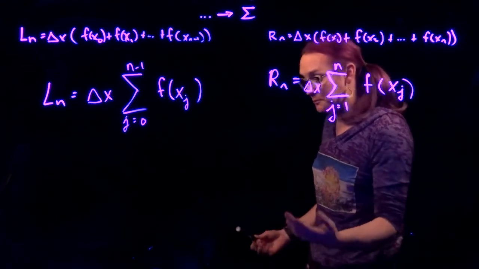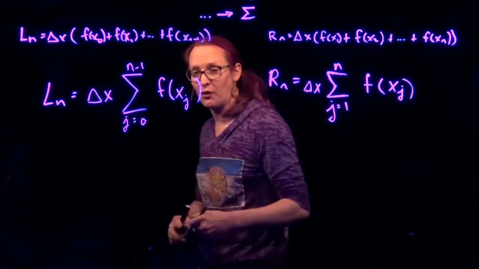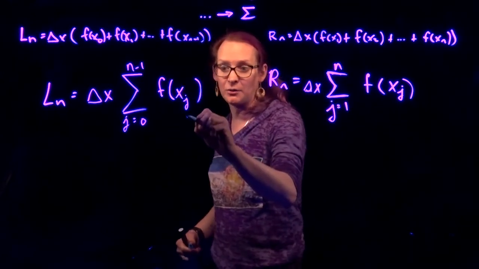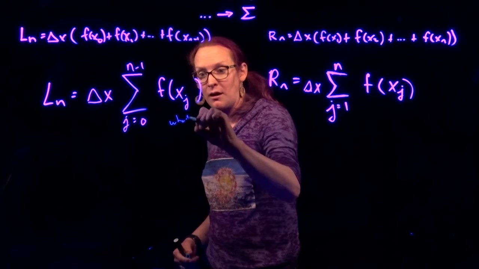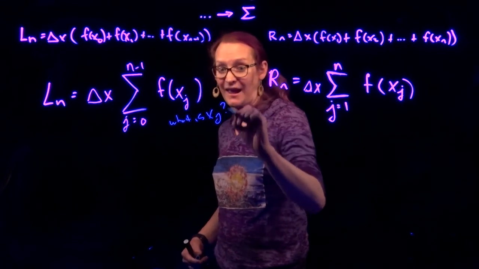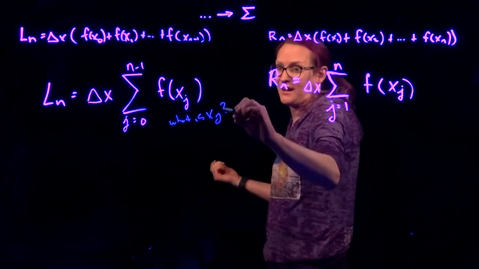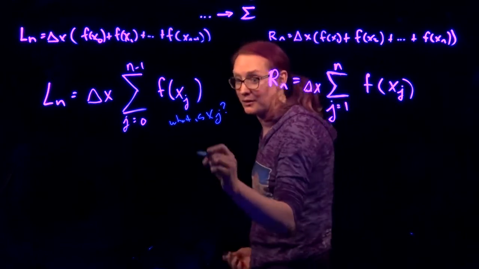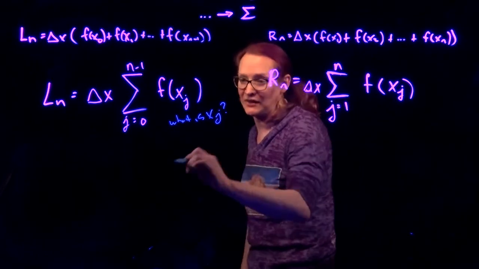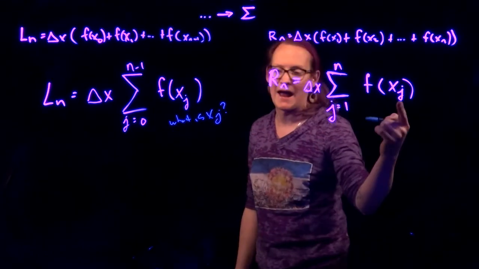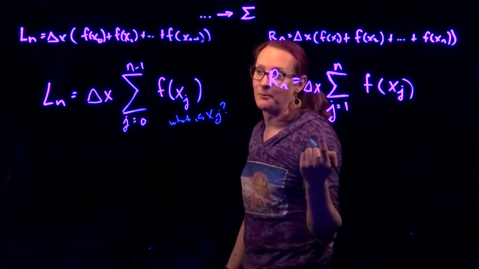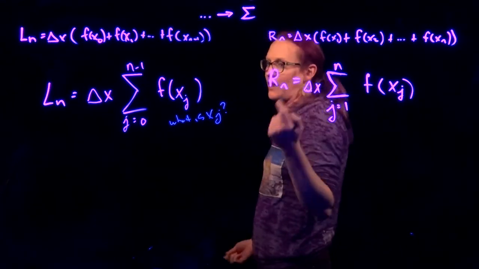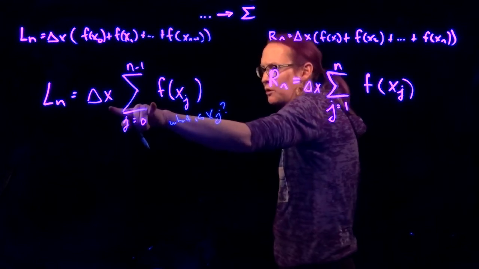Okay, what's missing from this? These two formulas right here, they don't tell me what is x sub j, right? So I still need to go look up in a list somewhere. Something is telling me what the values for x sub j are. And of course, we haven't been told what f is yet, nor what delta x, but I feel like those two are pretty clear.